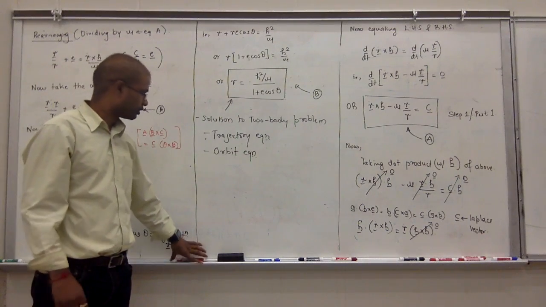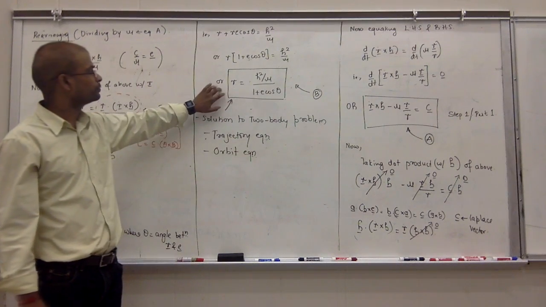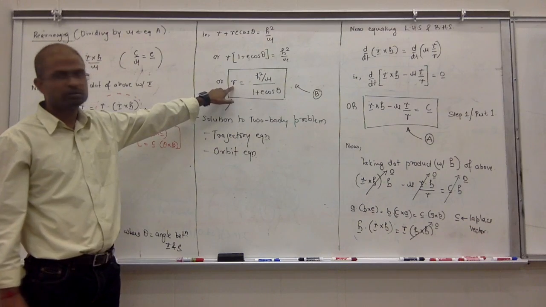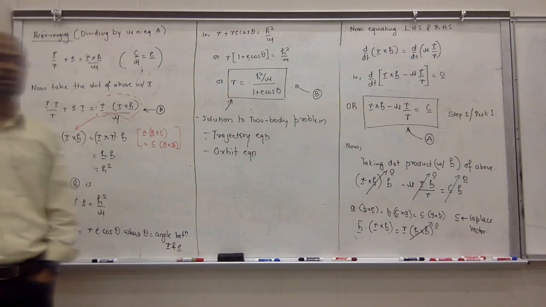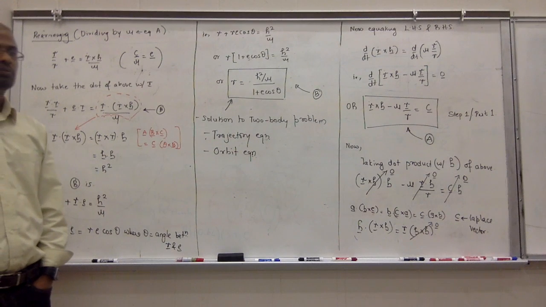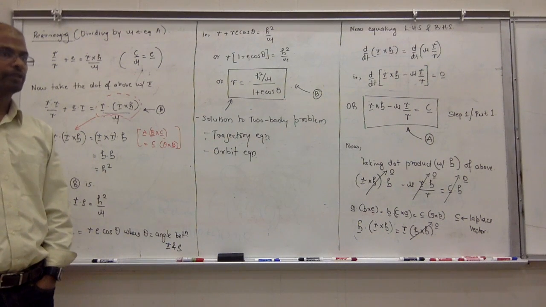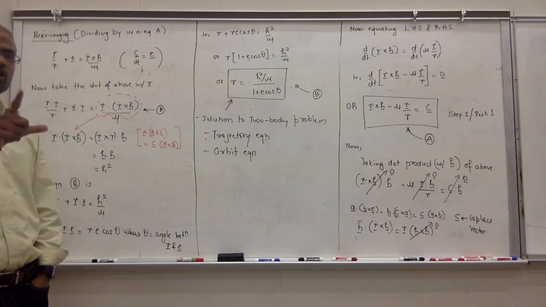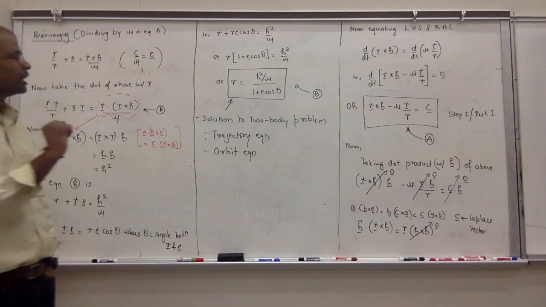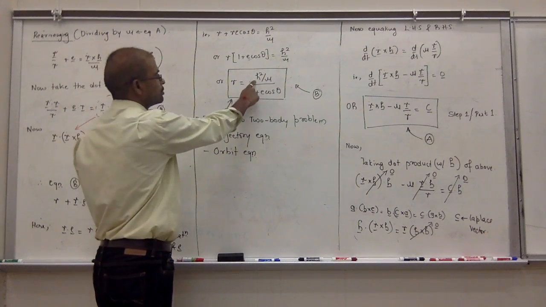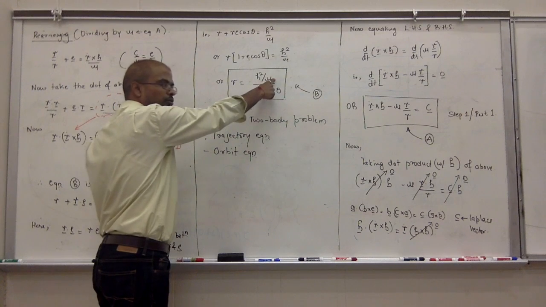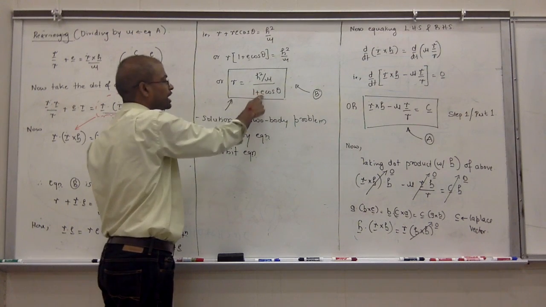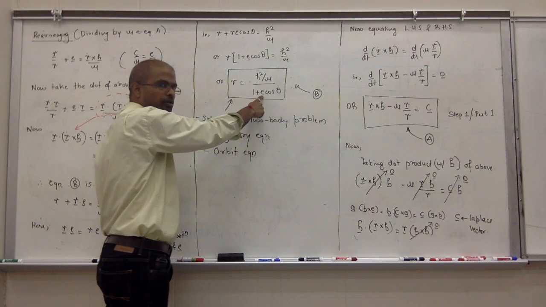Now just pay a little bit of attention here. What is this R? The magnitude of the position, right? It tells you where the orbiting body is. H is a constant, mu is a constant, E is a constant.